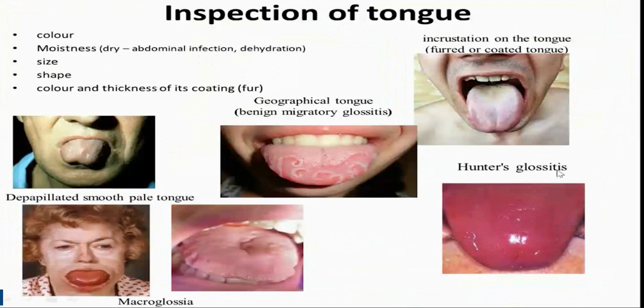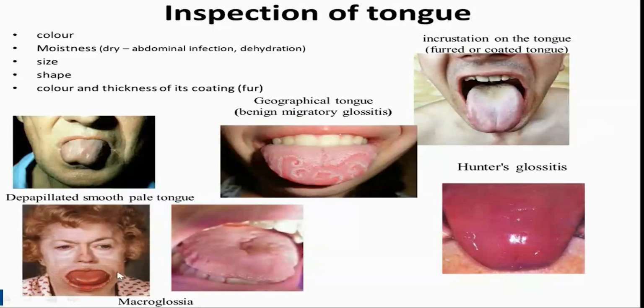It's Hunter's glossitis. Probably you know from other subjects about vitamin B12 deficiency, cobalamin deficiency. So you can see here macroglossia. Macro means big, glossia, tongue, so a big tongue, a very enlarged tongue due to a pathological process.